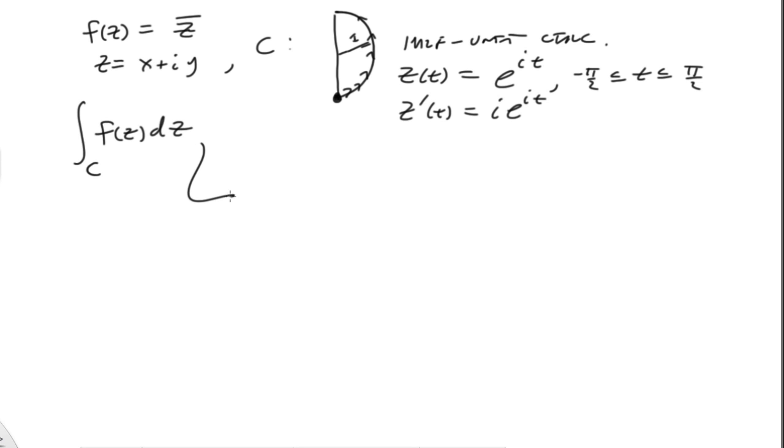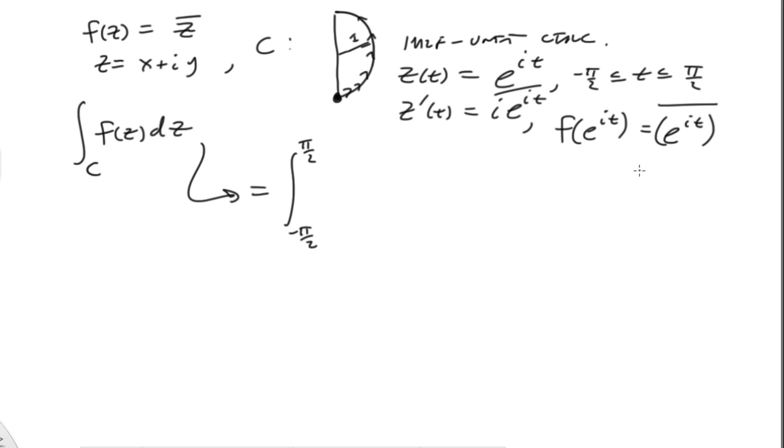Okay, so let's put this together. We're going to constructively write this as the integral from negative pi over 2 to pi over 2. Let's write a few more things over here in our margin. We're going to evaluate f of z at these values. So f of e to the i t is e to the i t complex conjugate, which turns out to be e to the negative i t.